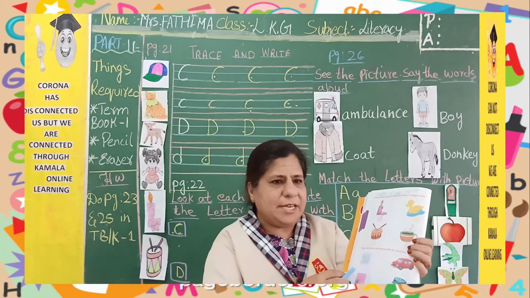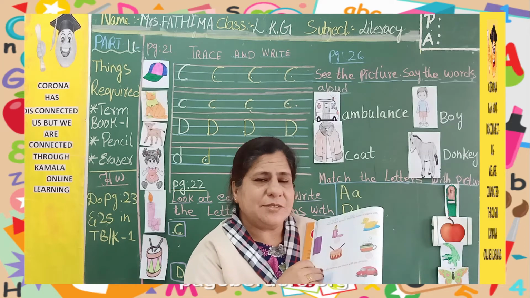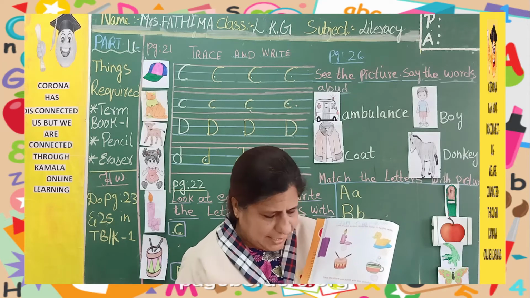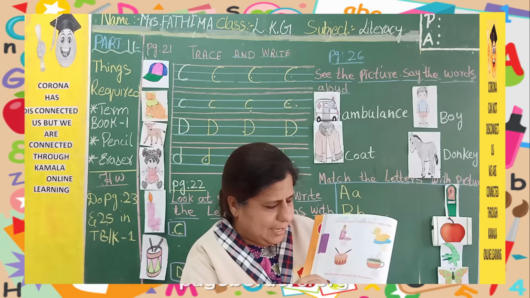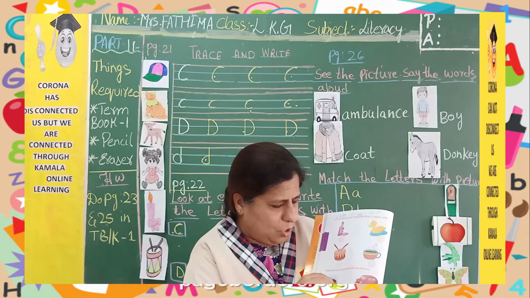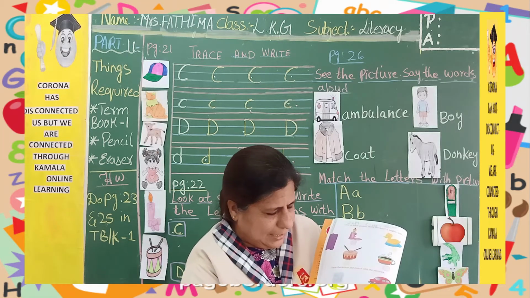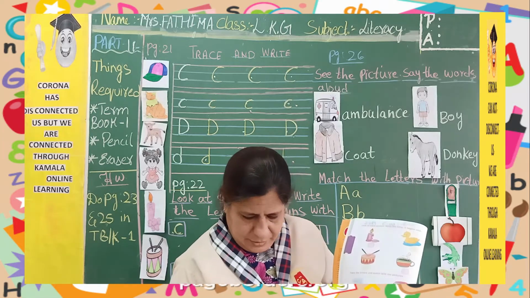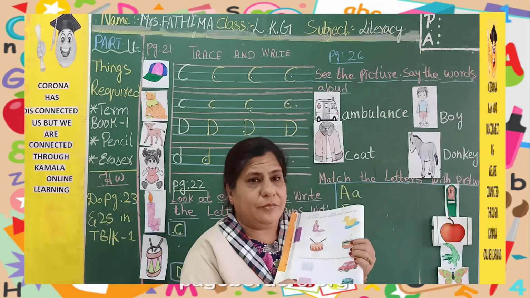Capital D and small d are given. Capital C, small c are given. You have to trace these letters and match them with the picture. See, capital D. Trace the letter, small d, and this also, trace the letter, capital C, small c. With D, which picture will come?